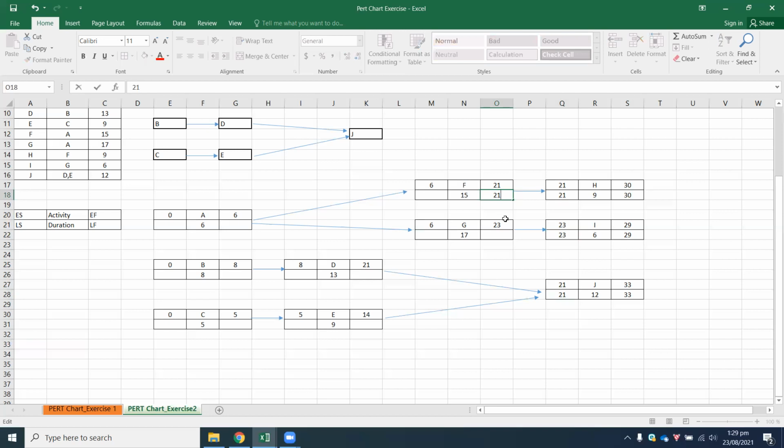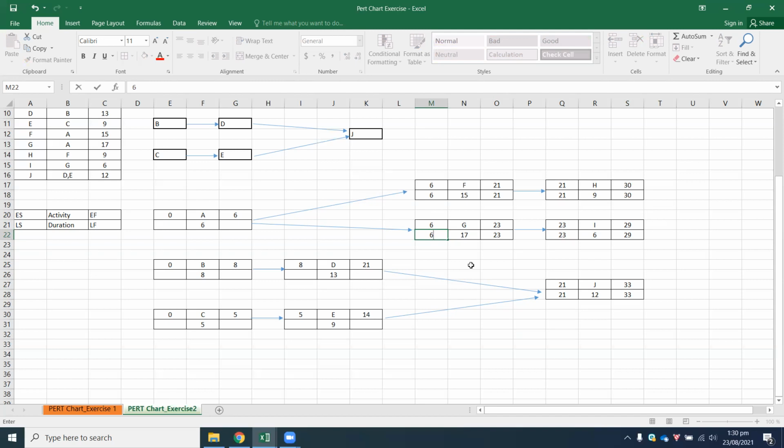Activity I, Monish, you can continue. I will be giving commentary from the background. For activity I, 29 minus 6 gives you a value of 23. For activity J, 33 minus 12 gives a value of 21, which is correct. For activity F, you'll notice that the late start value for the successor activity H is 21.